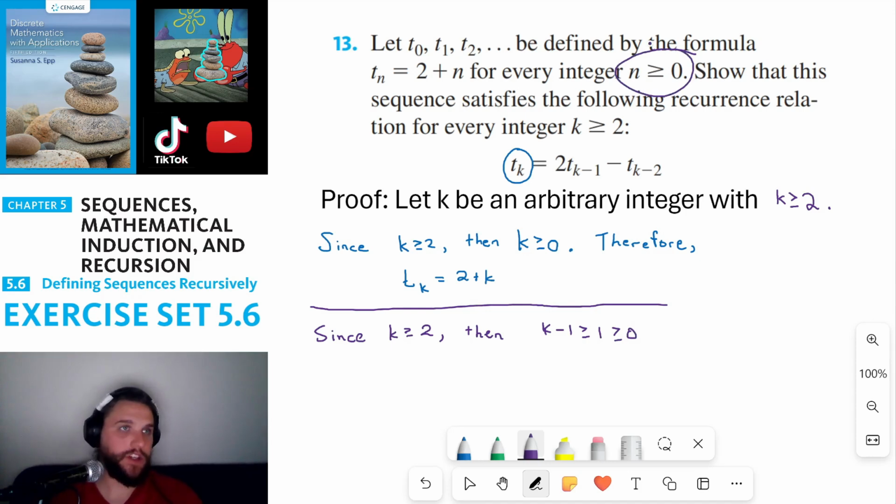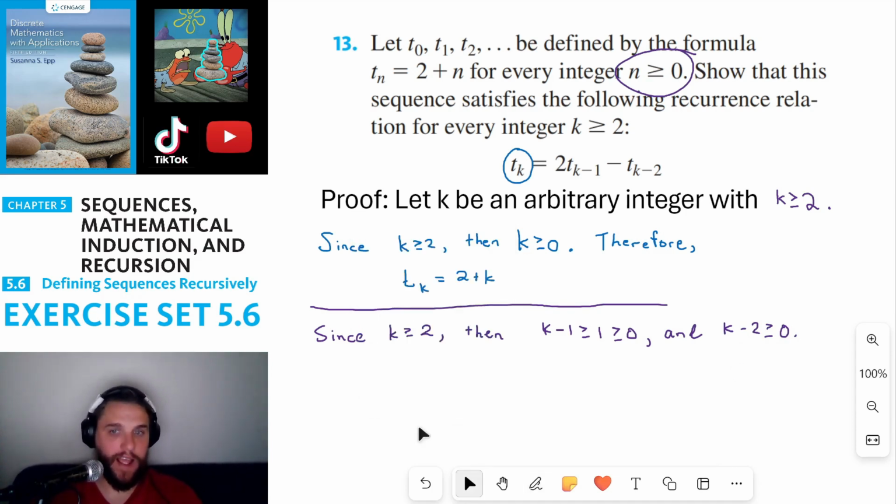And that's what we need to show, that k minus 1 is greater than or equal to 0, so that we can apply the explicit formula to t sub k minus 1. But we could also take this inequality and subtract 2 on both sides. So k minus 2 is greater than or equal to 0. Either way, k minus 1 and k minus 2 are both greater than or equal to 0, so we can apply the explicit formula for the right-hand side.